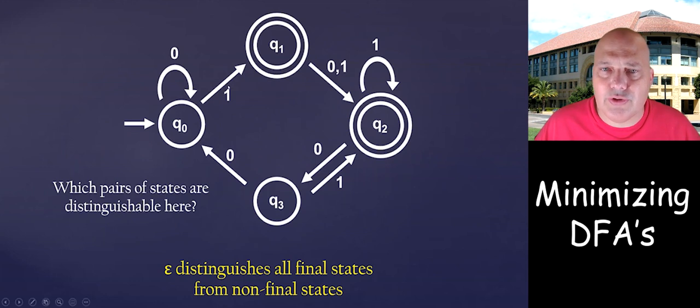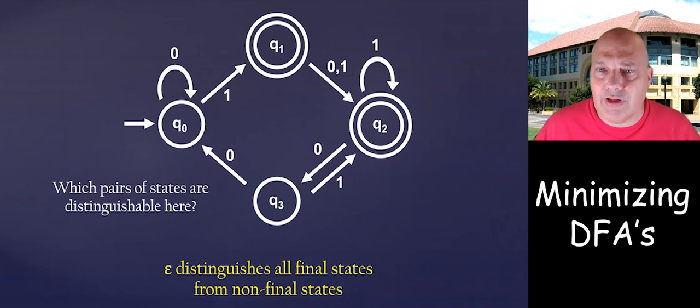So for example, Q0 and Q1 are distinguishable because the empty string causes you to accept if you start from Q1 and causes you to reject if you start in Q0. So the first thing we can observe is that an accept state and a reject state are always distinguishable from each other. So now we only need to ask ourselves whether Q1 is distinguishable from Q2 and Q0 is distinguishable from Q3.